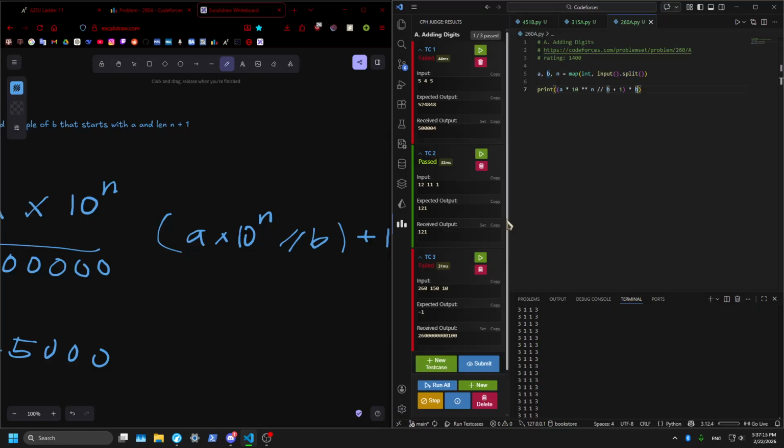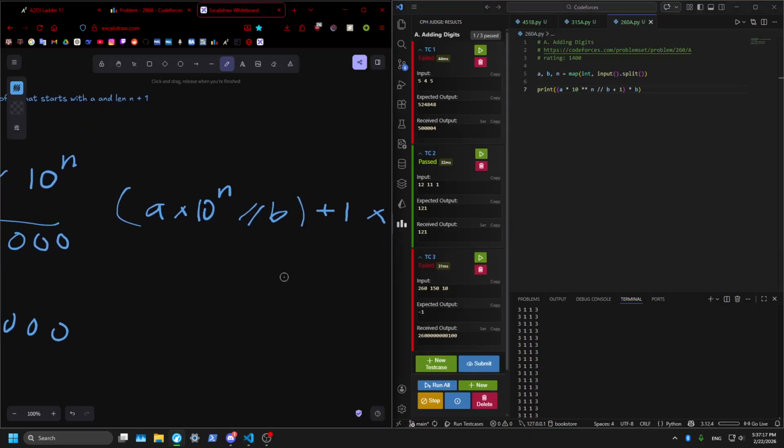Oh, it might be impossible. That's right. 12 in front. I also did not account for multiple digits in front.